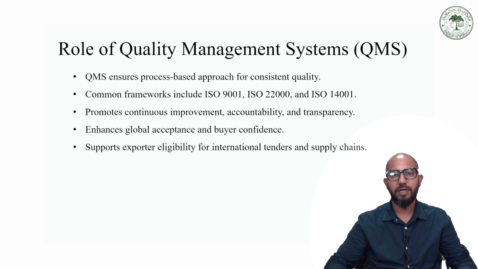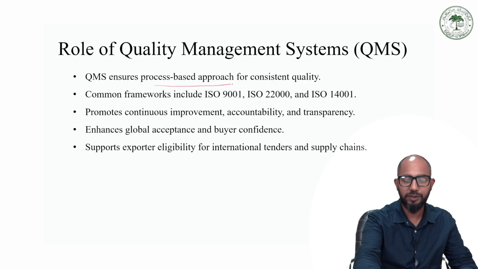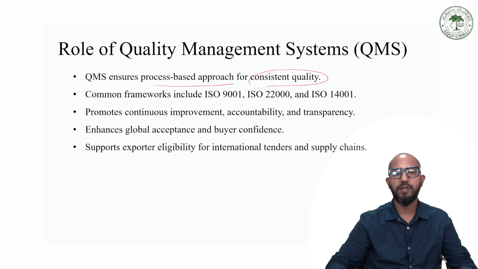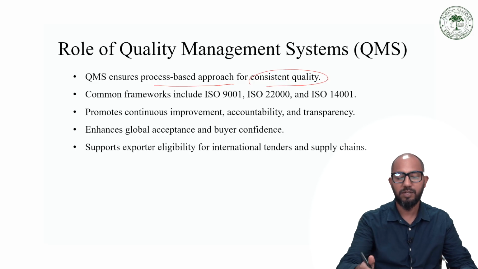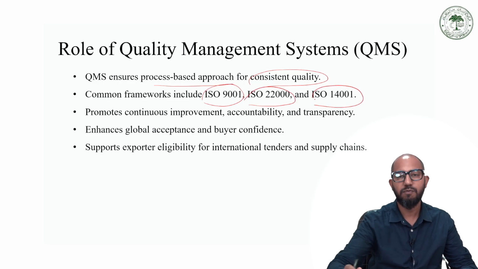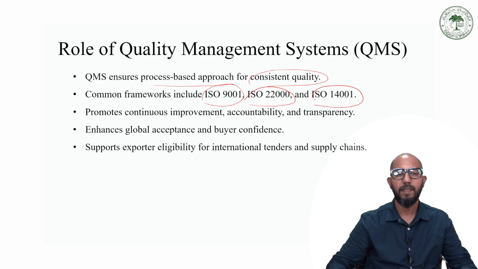Dear students, let us now focus on the role of quality management systems. Quality management systems ensure a process-based approach for consistent quality. They have a common framework which includes quality standards such as ISO 9001, ISO 22000, ISO 14001.